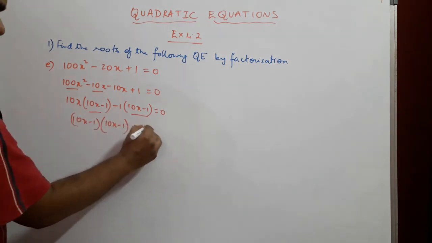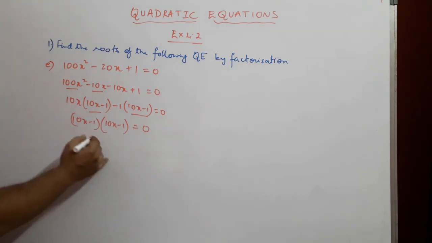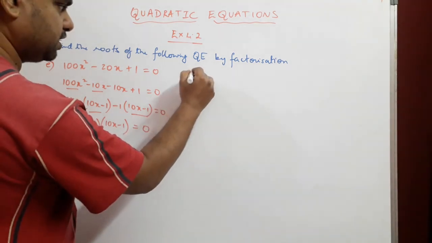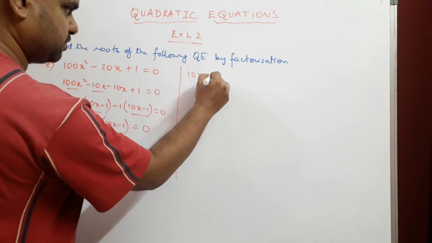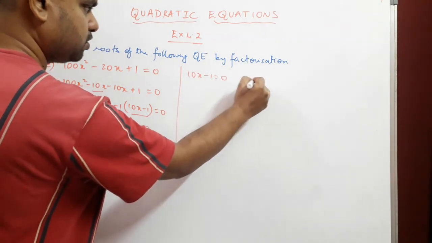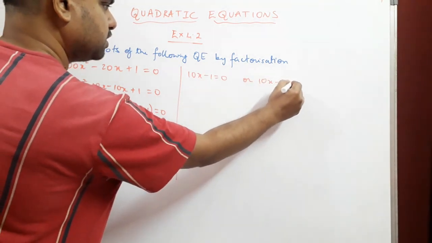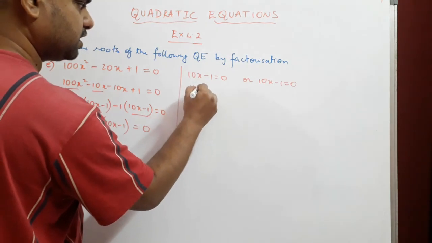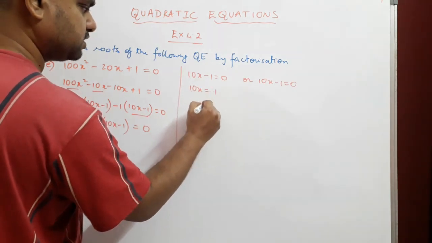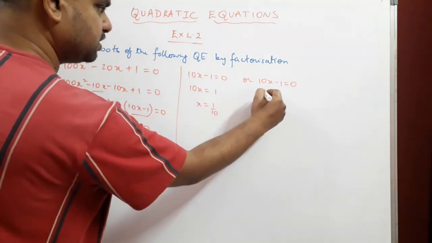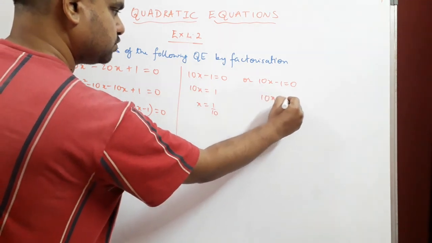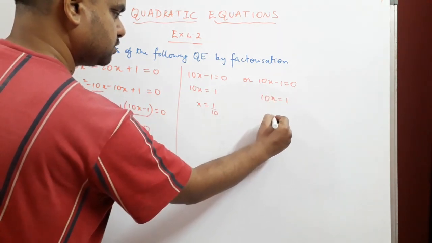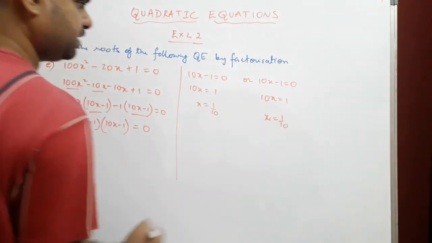So similar to the previous problem, once again I'll put it over here, 10x minus 1 equal to 0 or 10x minus 1 equal to 0. You can write 10x equal to 1, x equal to 1 upon 10. Similarly, here also 10x equal to 1, x equal to 1 upon 10.